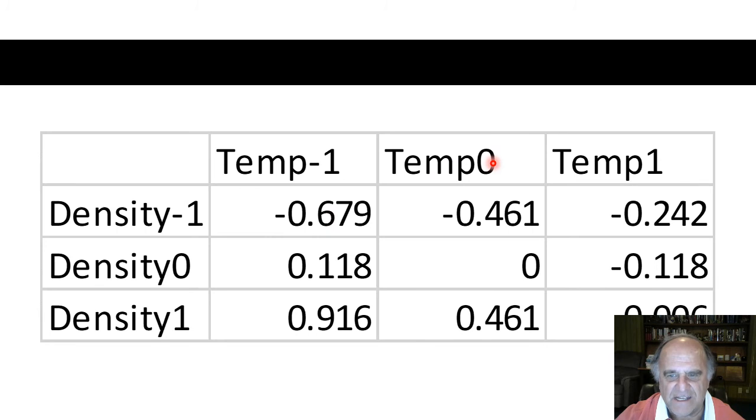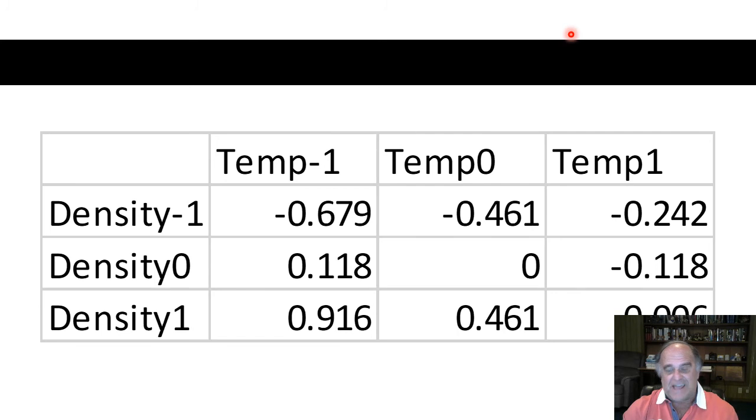So this is the mean for temperature, 1 standard deviation above the mean, 1 standard deviation below. The mean for density, 1 standard deviation below for density, 1 standard deviation above. And then these would be standardized COVID deaths per million.